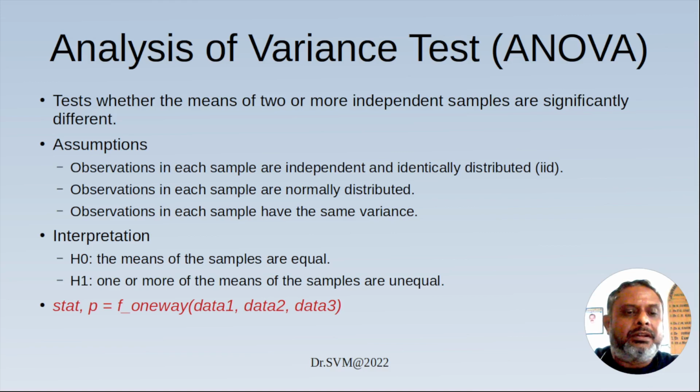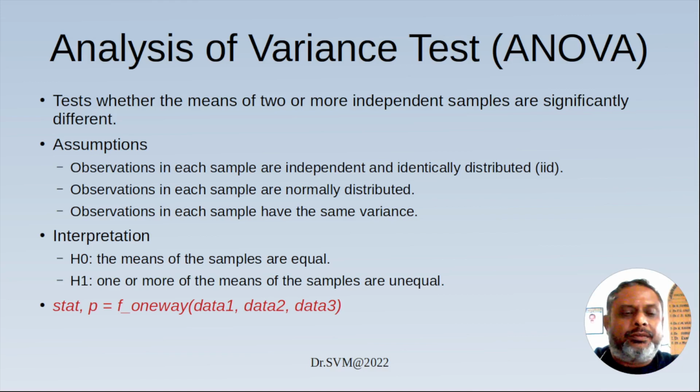Interpretation: the null hypothesis claims that the means of each sample are equal, whereas the alternative hypothesis claims that at least one of the means is not equal to the others.